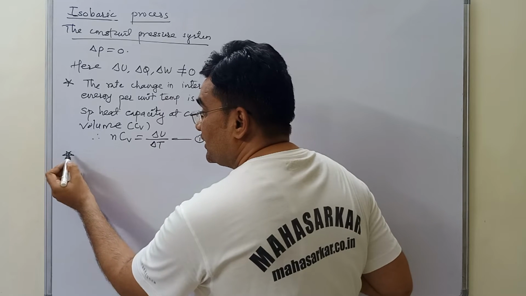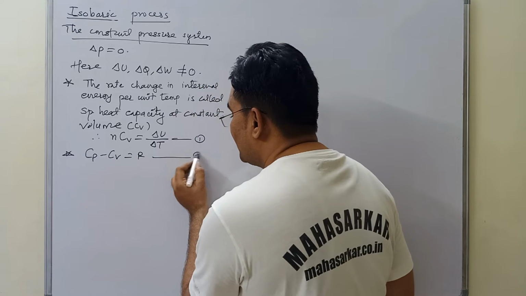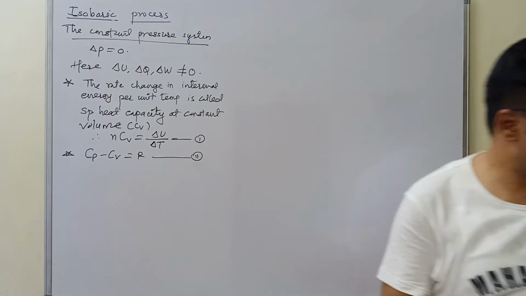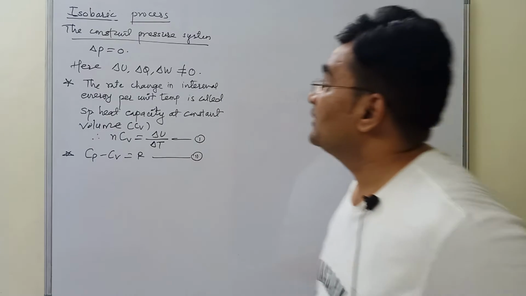Also, the difference Cp minus Cv is equal to R. You went through this relation in the previous lesson, kinetic theory of gases and radiation. Now in the isobaric process we are going to find out the work done.